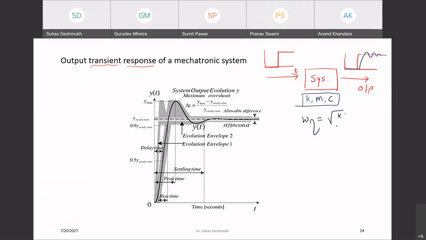You can represent it in mechanical as K by M. If it is a single degree of freedom system, I will get only one natural frequency. If I have a multi-degree of freedom system, I may have multiple natural frequencies. And these natural frequencies will get excited whenever there is any change in the input to the system. And that is what is called a transient.